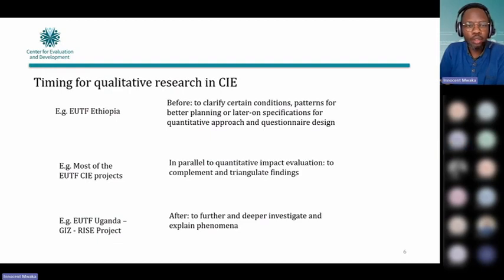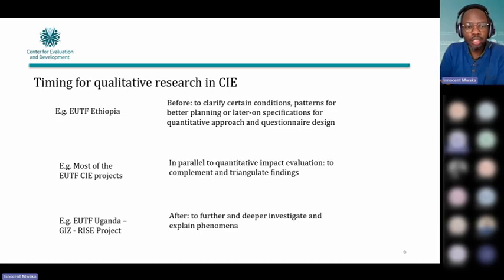Here within the EUTF data collection, we don't have a concrete example on that, but the EUTF Uganda, which will also be the example that I will share later in the case study, there were different phases when the quantitative group went to do the interviews, their surveys, and there was a different time when the qualitative went.